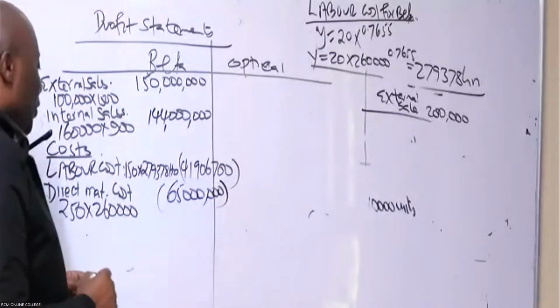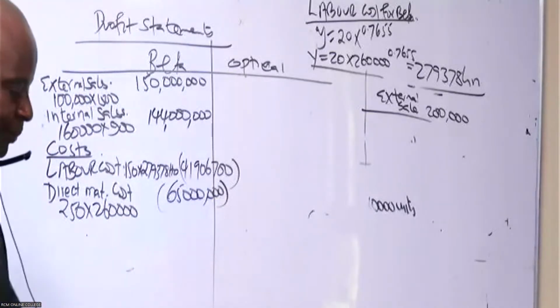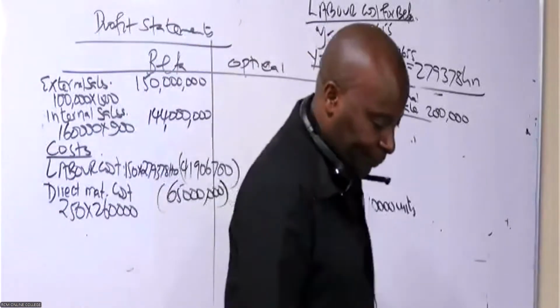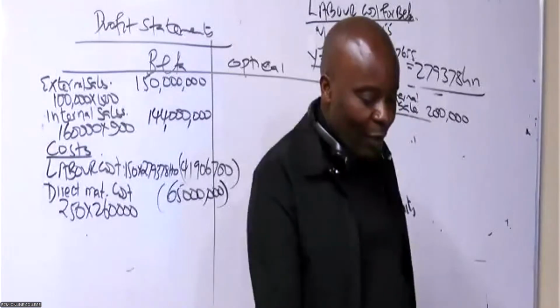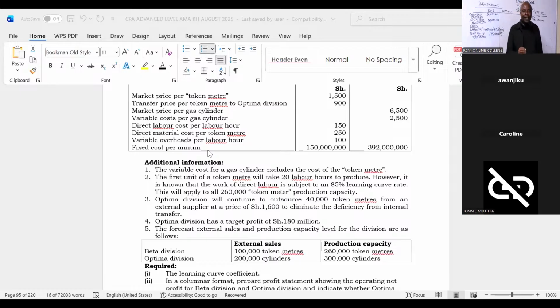So do we have any other item? Before fixed cost, we don't have any other item in between. We have variable overheads in between there. Let me see. These variable overheads, I should take what times what? 100 times?